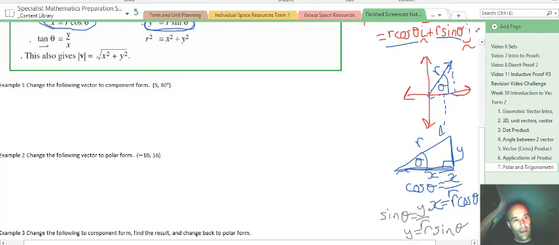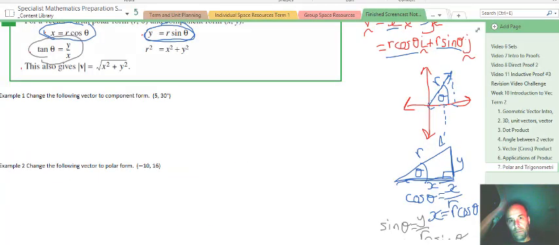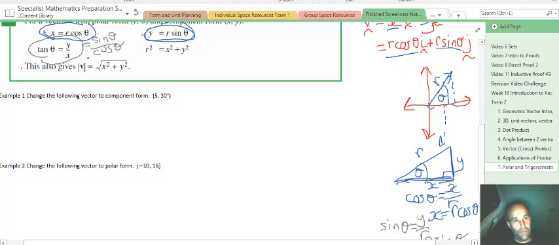And while we're at it, let's look at how we get tan theta as y over x, which if you look closely, y over x would be r sine theta over r cos theta. The r's would cancel out and you'd get sine theta over cos theta, which in your future trig you'll discover as well. That's not important right now, but it's an interesting result.